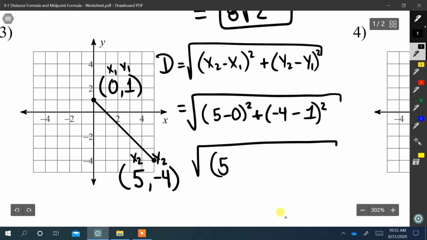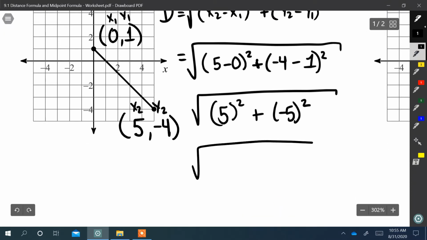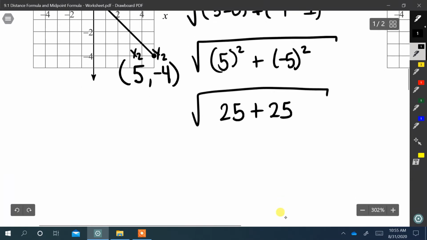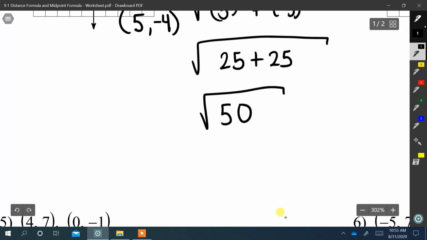We got 5 squared. We got negative 5 in here as well. We got 25 plus 25 there. That gave us 50. Let's simplify that.